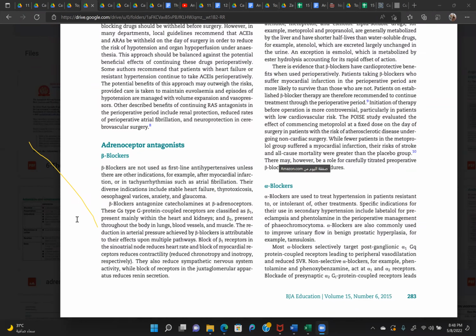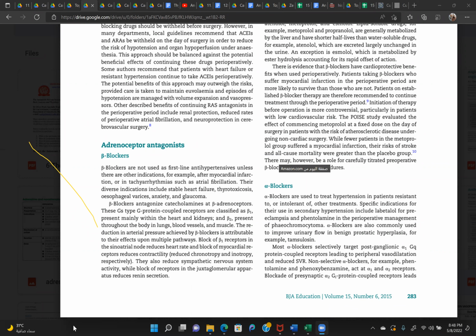That's why we use beta 2 agonists for the management of asthma. But they are not specifically selective, so they have an effect on beta 1 as well. Whenever you give salbutamol or salmeterol, there will be tachycardia and palpitation.